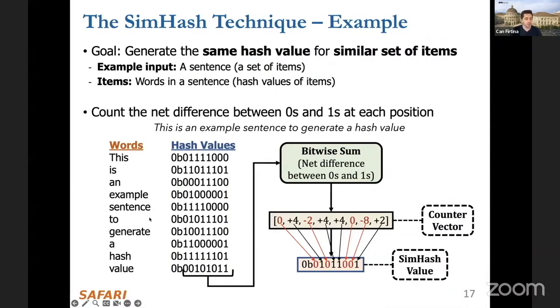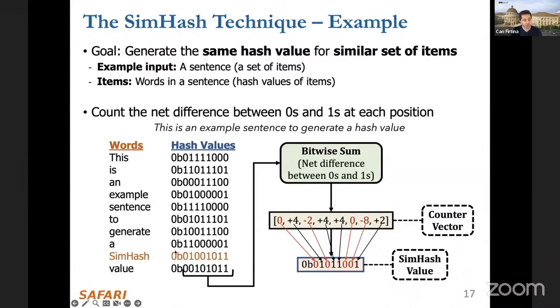So let's assume that we're now generating another highly similar set, similar to our original sentence, by changing the word from hash to SimHash here. And then this would indicate that the hash value would also change to some other random value.